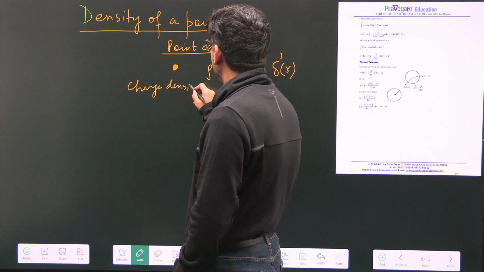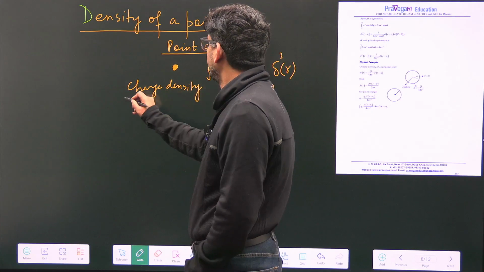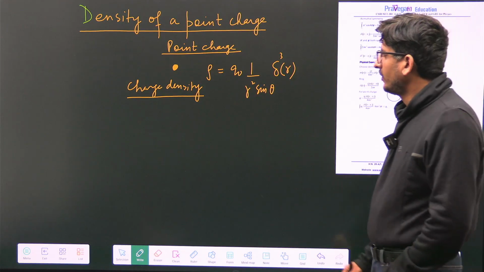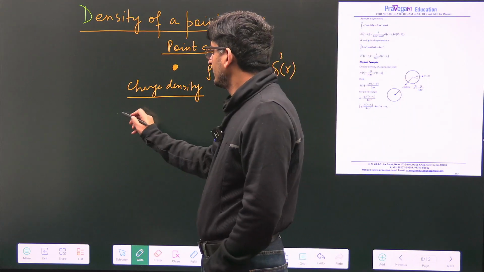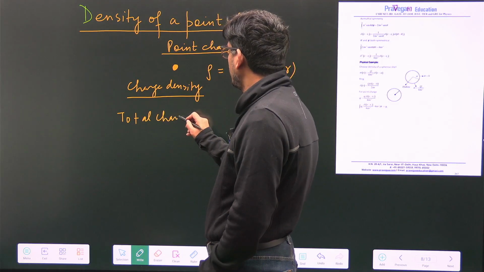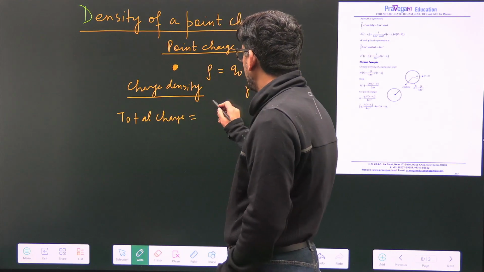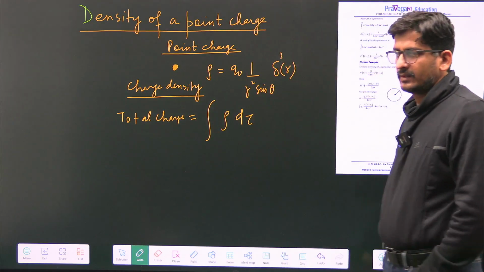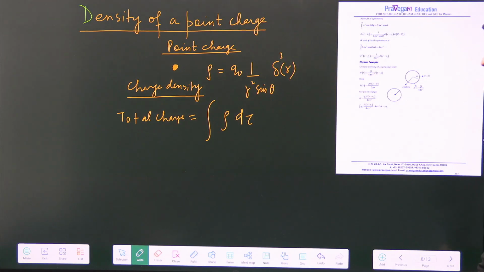Charge density of a point charge. So suppose I want to calculate the total charge. What will I do? It will be the integral of rho d tau.